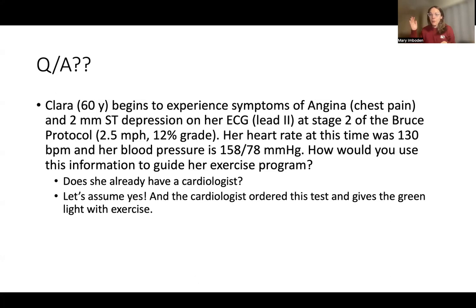We're not in the 3rd, 4th, 5th stages of the Bruce, right? So taking into consideration the heart rate and the blood pressure there, calculating rate pressure product, and then prescribing a warm-up or whatever your exercise plan is, making sure that you are going to keep their heart rate and blood pressure below where their rate pressure product would cause them to begin having these symptoms.